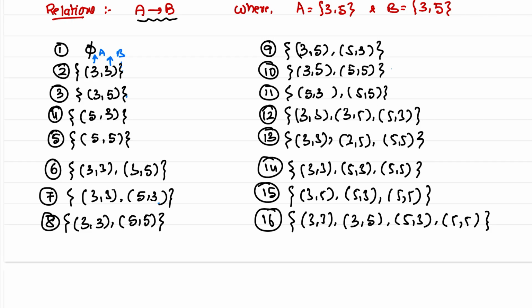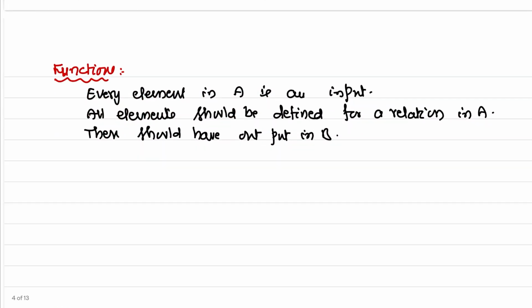All the elements of A are not defined here. Only 3 is defined here, and 5 is not defined. At the same time, 3 has 2 outputs.